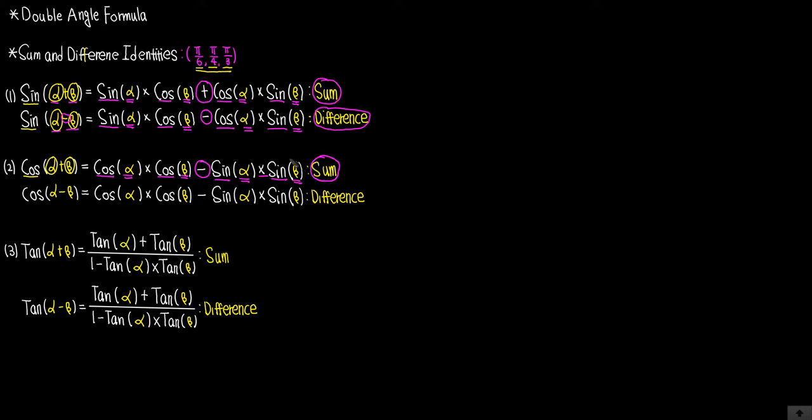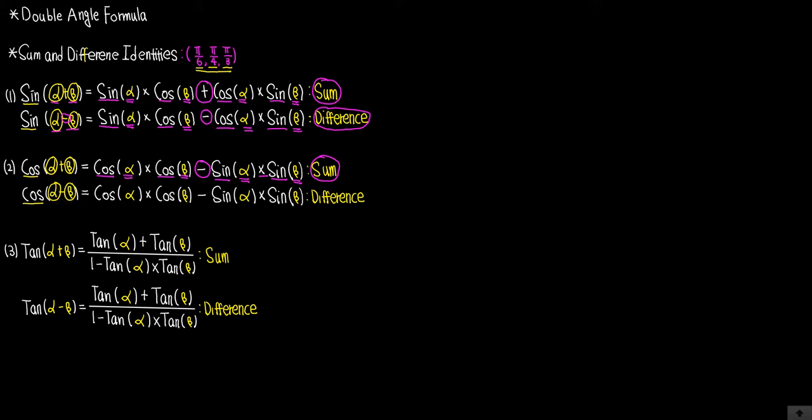I'll go a little bit faster right now, and if you're not familiar with this concept about the sum and difference identities for sine, cosine, and tangent, you need to go back to my previous video about the sum and difference identities to think about the double angle formula. So when it is the cosine of alpha minus beta, we're trying to define the cosine of an angle that we can notate using the two special angles, alpha and beta.